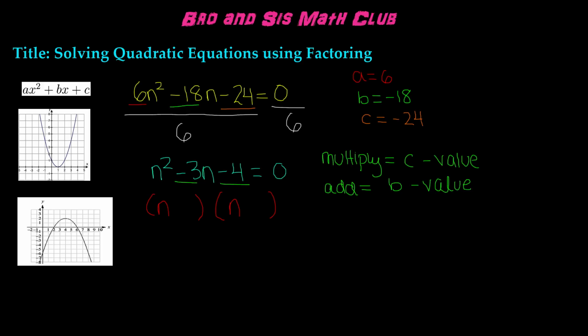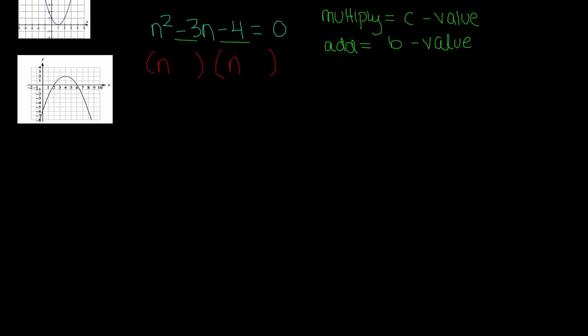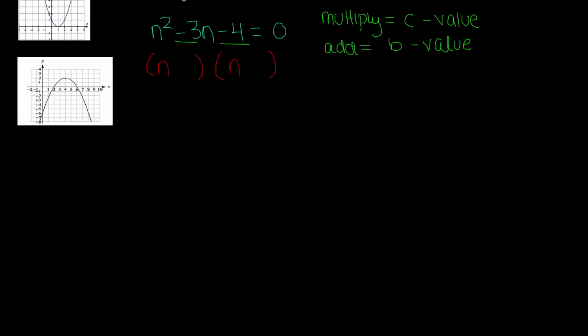In this case, the c is negative 4 and the b is negative 3. So let's go ahead and make a chart. What two numbers, when multiplied, give you negative 4 that when you add them, you get negative 3?